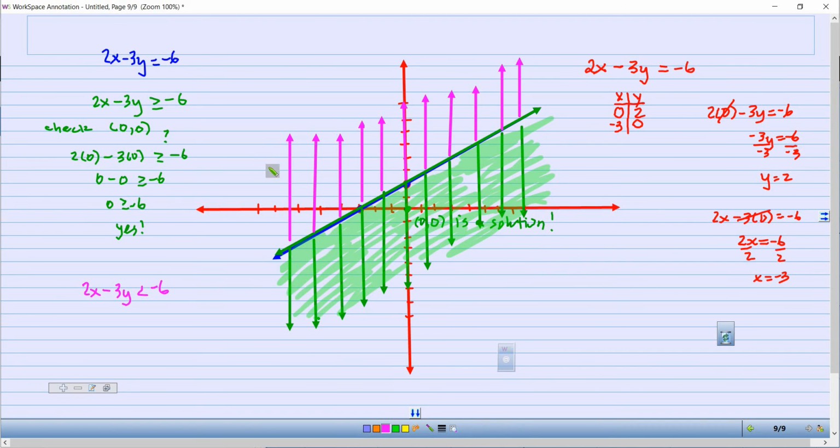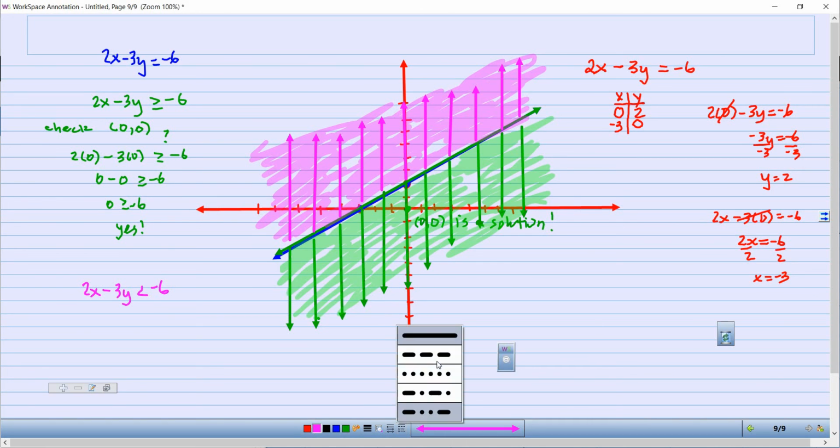So now I'm going to shade the less than. And again, it's weird to say less than going above the line, but when things are in standard form, sometimes weird things can happen. Now in this case, because it's a less than, I would get a line, of course, that is dotted or dashed, however you want to say that.